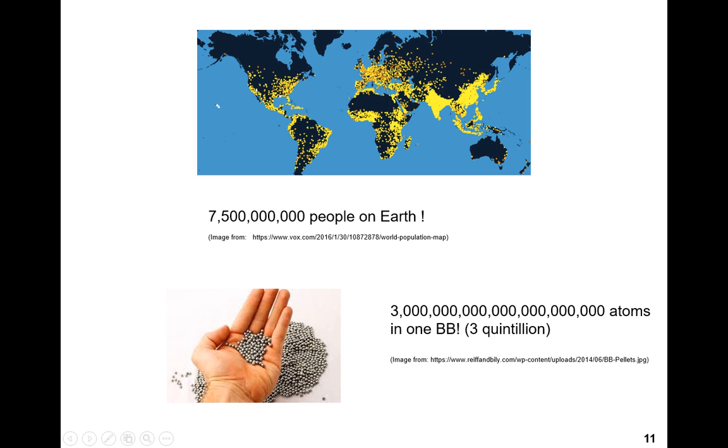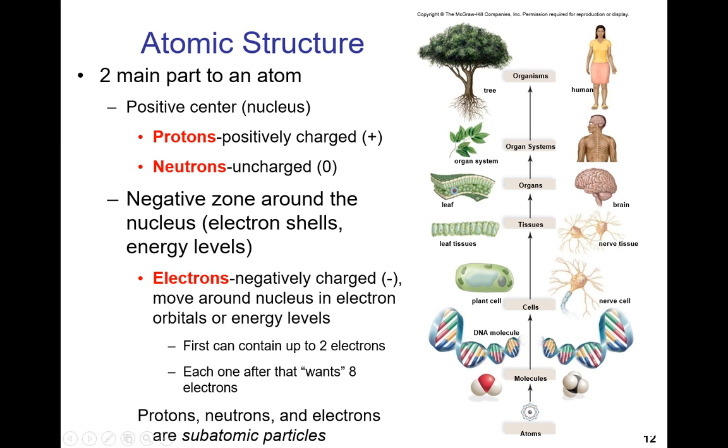So, a little perspective. 3 quintillion is 21 zeros. You can go ahead and count them. So atoms are really tiny.